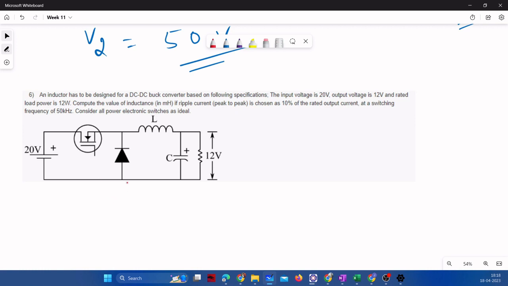So how to proceed with this? We have to find del IL. Del IL is given, which is 10% of the rated output current, which is nothing but the average inductor current. So it is 0.1 into IL, and IL is nothing but I naught.